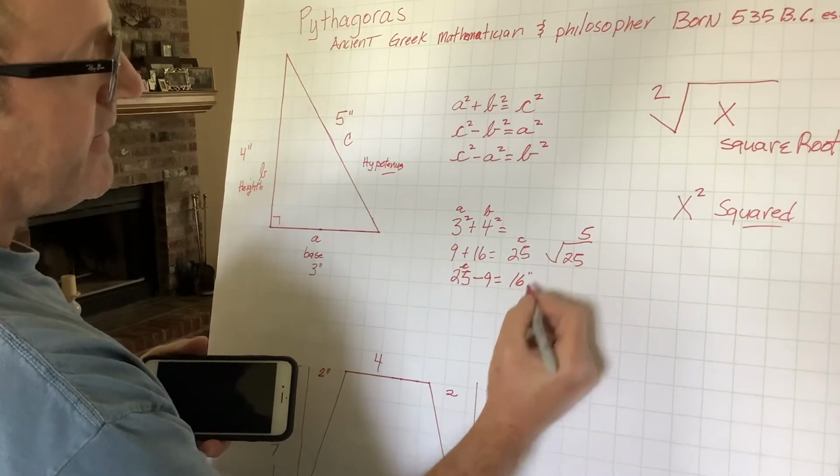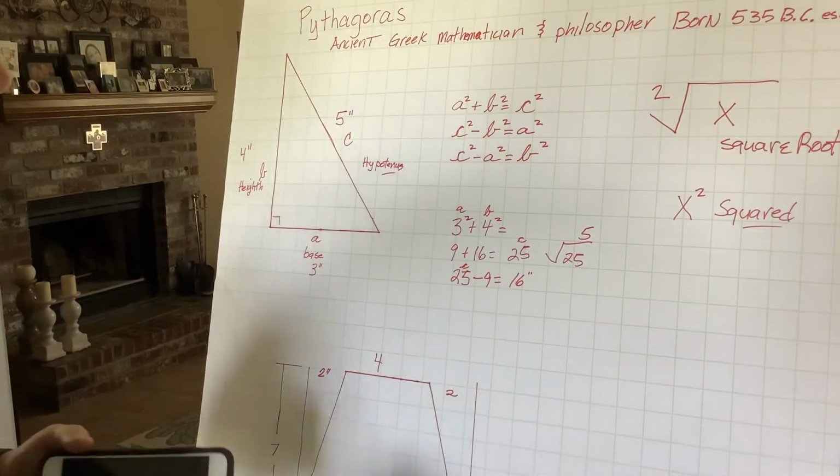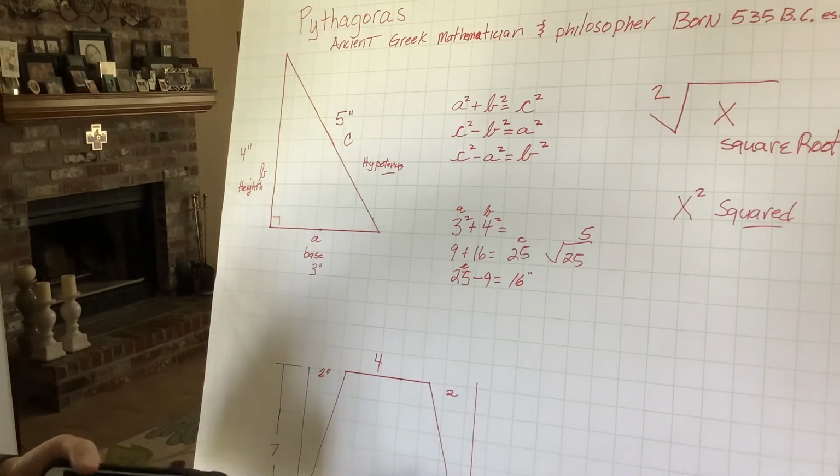Okay? So a little confusing. Once you get used to doing this, it'll come really easy to you. So that being said, we'll do one more of these, and then I'm going to give you guys some problems to solve.